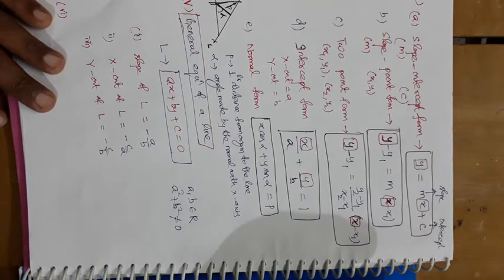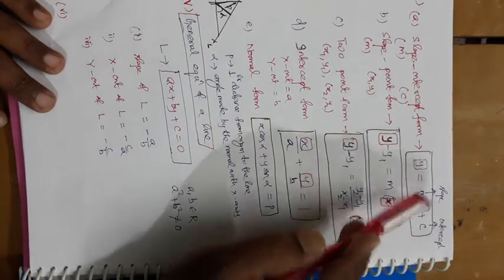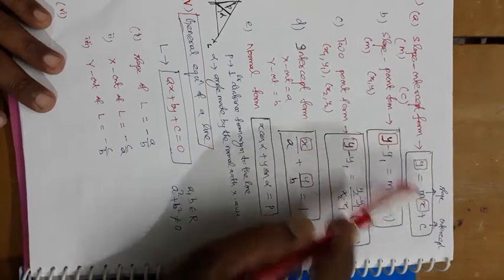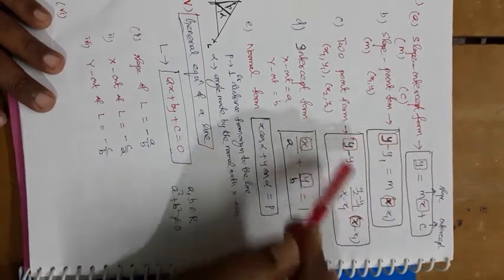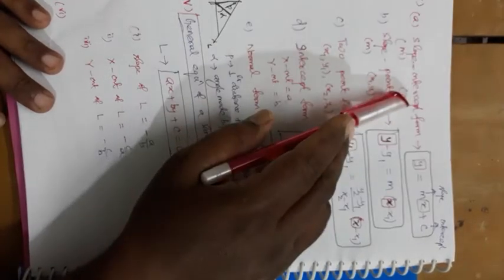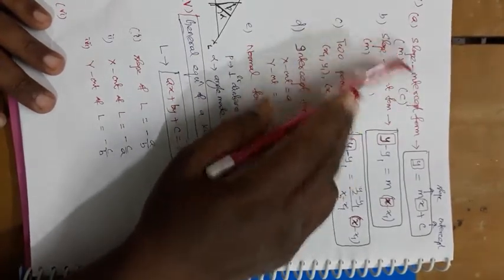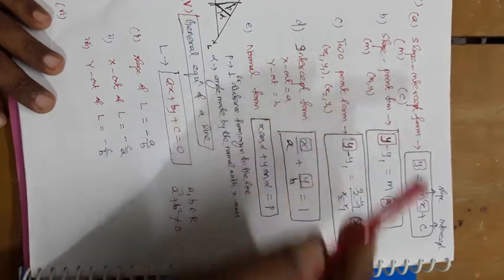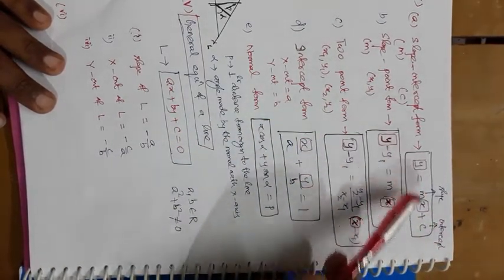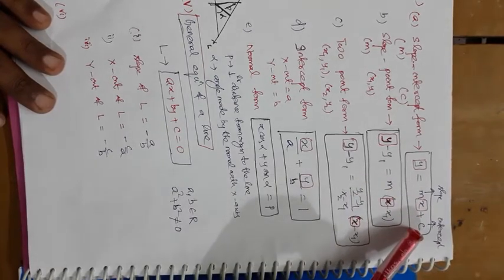In an equation of a straight line, x and y must be there. I am putting these x, y in boxes, because it is compulsory. In slope intercept form, m and c must be there except x, y.